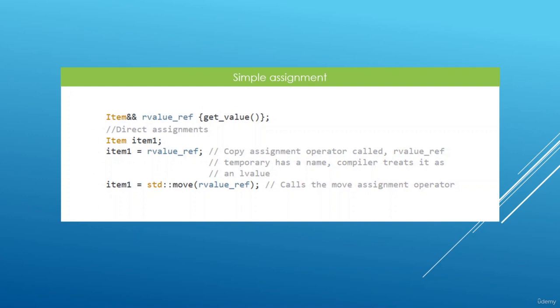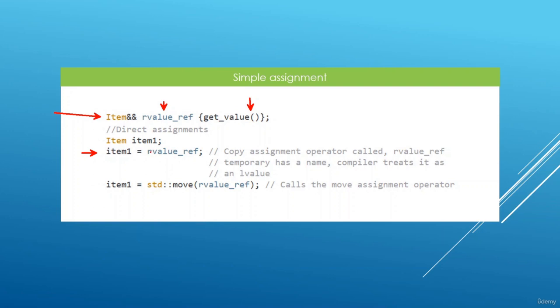So suppose we have a getValue method which is going to return an item by value, and that's going to be a temporary object. If we get this temporary and set up an rvalue reference to extend its life, and try to use this rvalue reference in an assignment like we do here, one might expect this to call the move assignment operator.